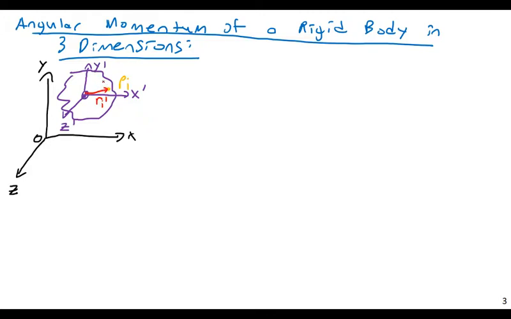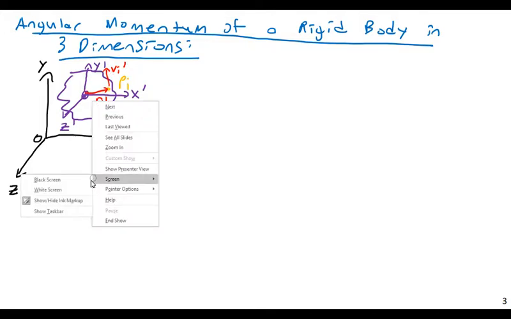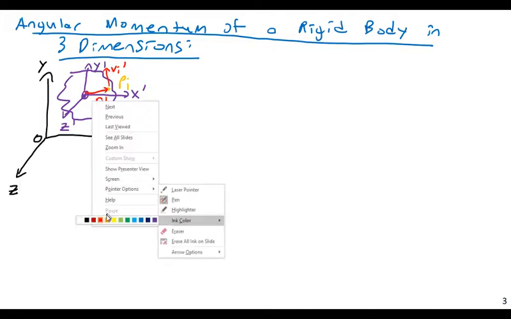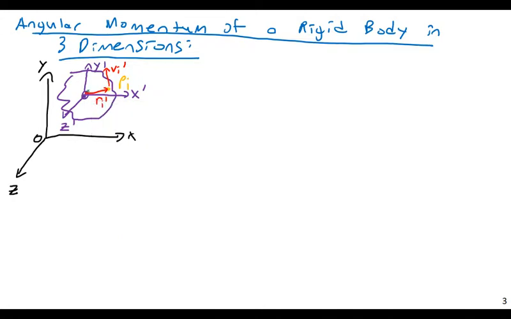Then I would have another vector, Vi prime. That is the velocity of our point Pi in our local coordinate system. And then I'm also going to have an angular velocity, omega. Again, that particle would also have an angular velocity, omega, about the center of mass.